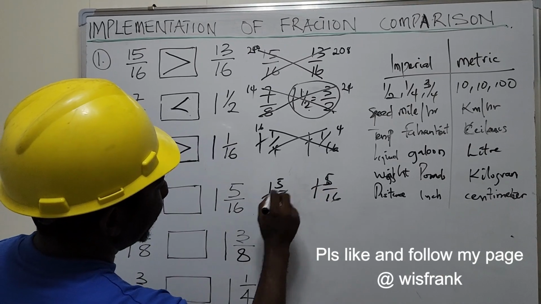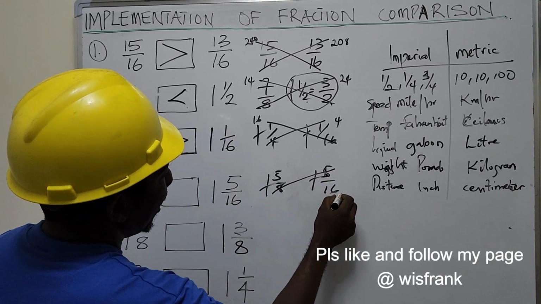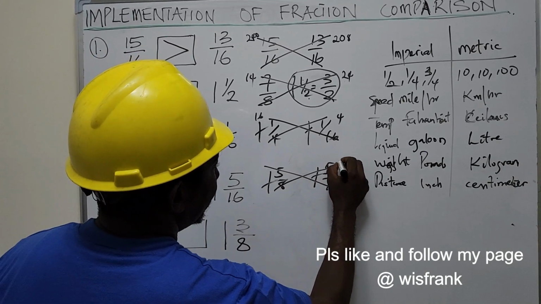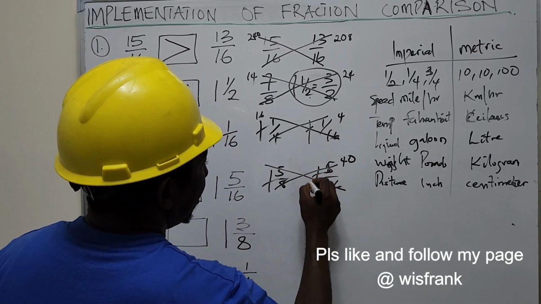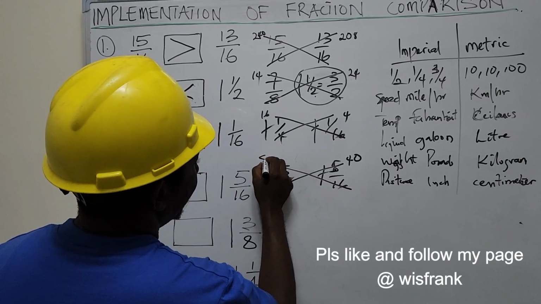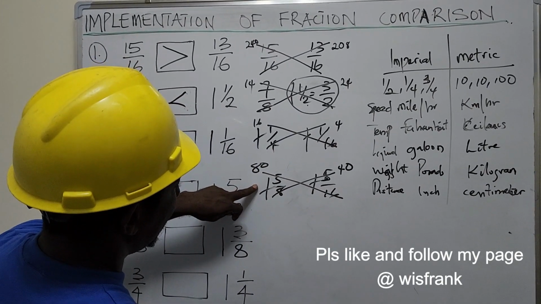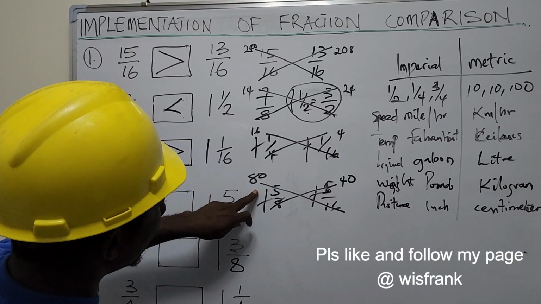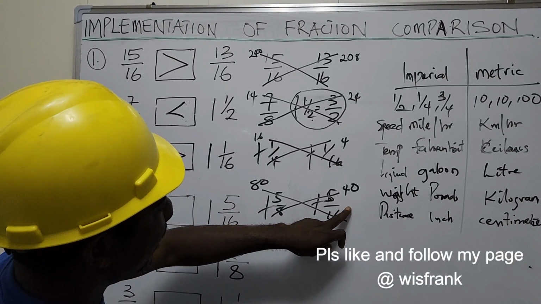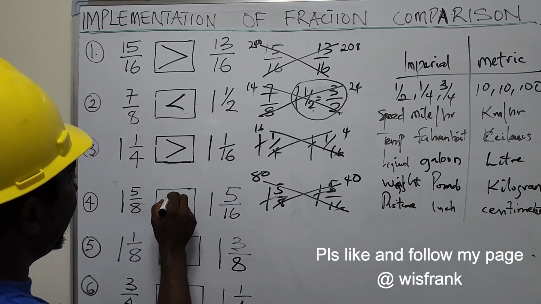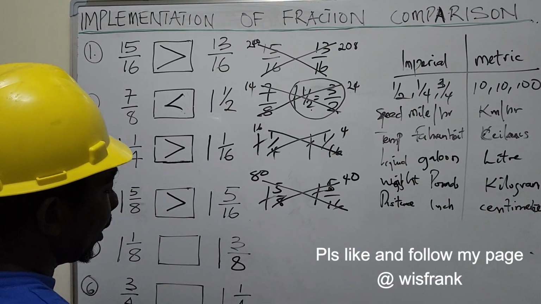If we cancel 5 here, then cross multiply 8 and 16, we have 80 and 40. We now see that 80 is greater than 40, so we bring in the sign of greater than.